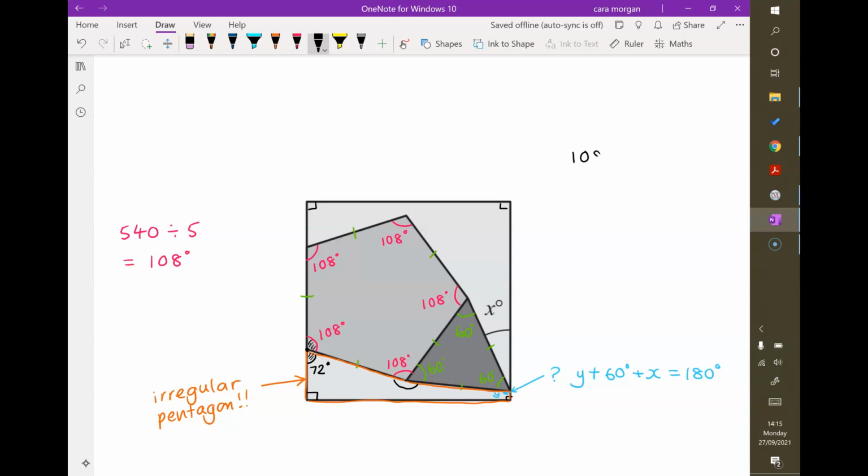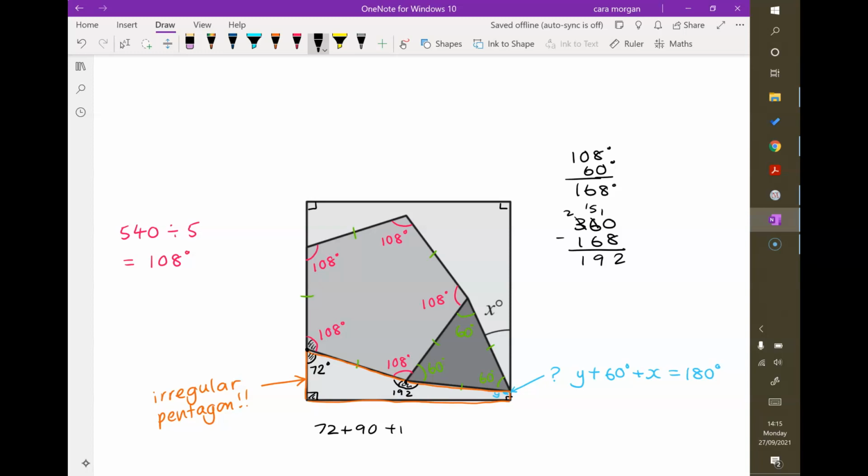So I've got 108 degrees and 60 degrees, which makes 168 degrees. I can actually write as I'm talking. And then, of course, I've got angles around a point, which make 360. So I'm going to subtract 168 from 360. I get 192 there.